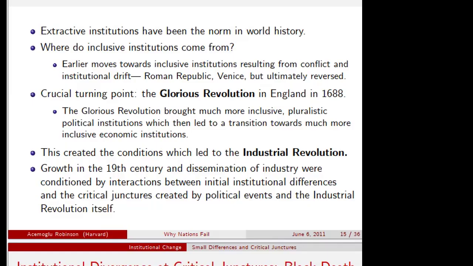Capital markets were further developed, and these institutional changes created the conditions for the Industrial Revolution later, which began in the 1760s and 1770s, within a century of the Glorious Revolution. Not in France, not in Spain, not in the Ottoman Empire, but in Britain, because of these institutional differences.